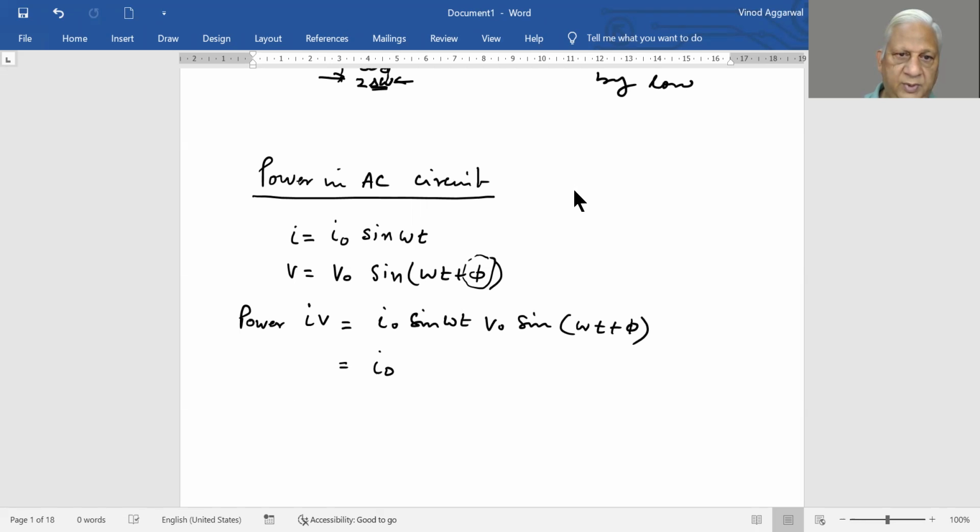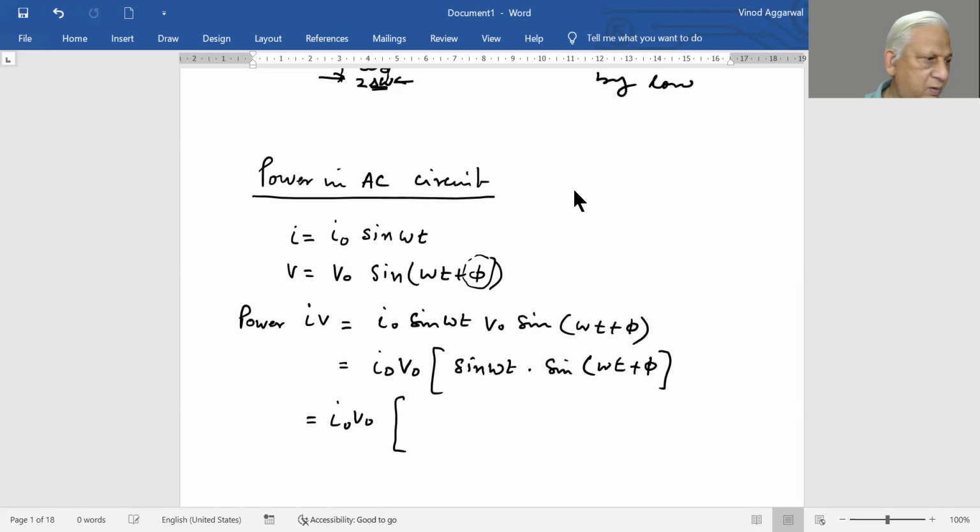If we separate out, this becomes cos phi minus cos of 2 omega t plus phi.